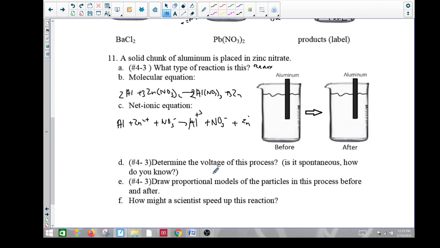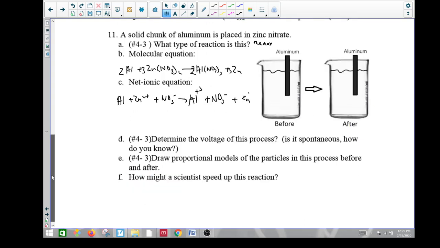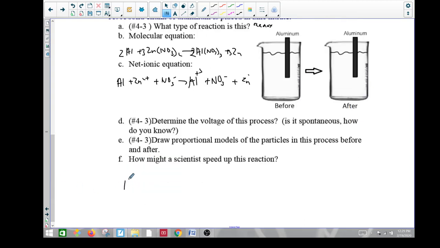Determine if the process is spontaneous. How do you know? Okay, so in this case, we have aluminum. I'm going to draw the half reactions towards the bottom here. So I have aluminum going to aluminum 3+ plus 3 electrons.